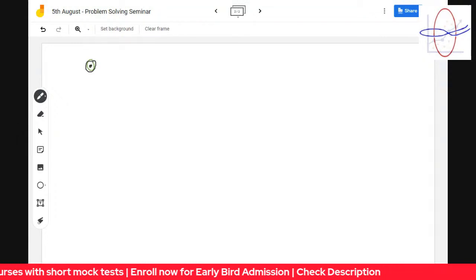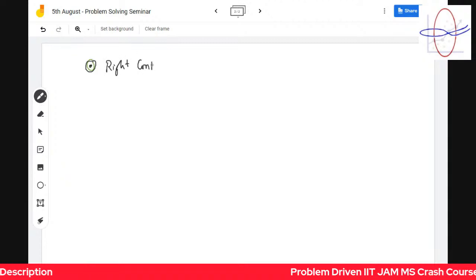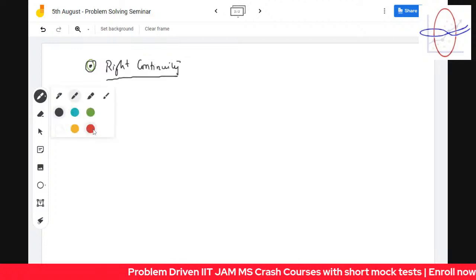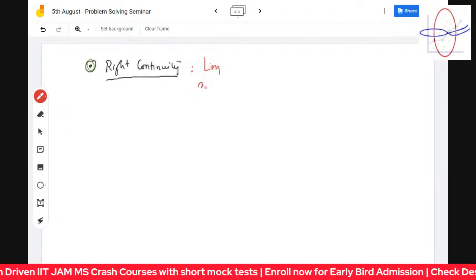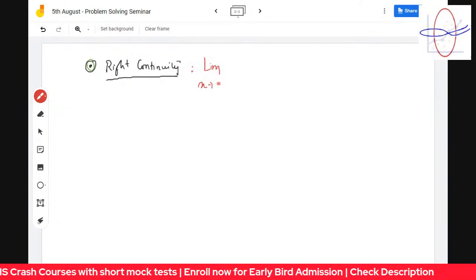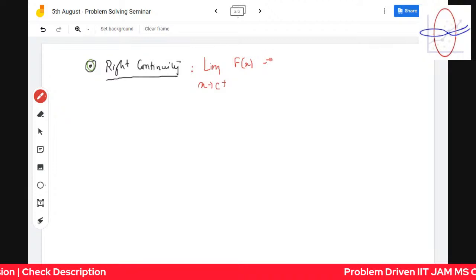Okay. So right continuity. What you need to check is that the limit as x tends to c of f of x is equal to f of c.